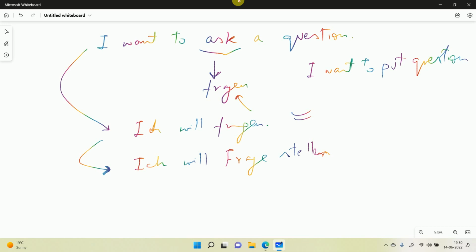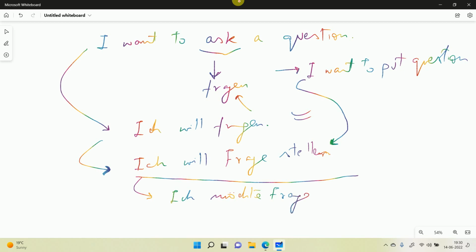Although this English will not be used much in regular English or day-to-day English language, this form of English will be used in German. So if you are talking in a classroom and you want to tell the teacher that I want to ask a question, you would rather say Ich will Frage stellen, or you can say I would like to ask a question, Ich möchte Frage stellen.